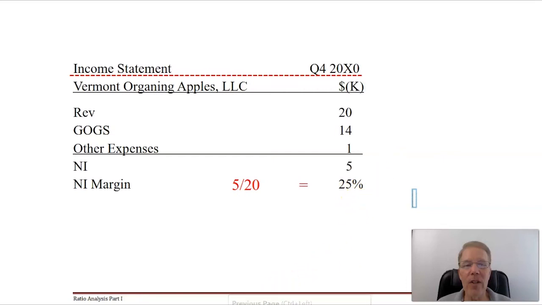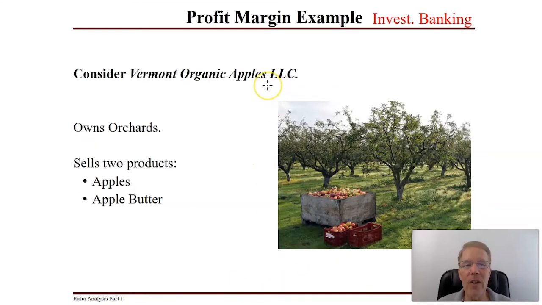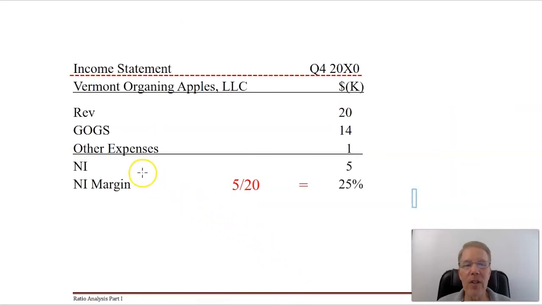Remember, you may not have learned this yet, but you're about to learn it right now. If your entity is an LLC, you don't pay any income tax at the LLC level. That's why there's no income tax line. The owners of the LLC are going to pay tax on this profit, but on their personal tax returns.